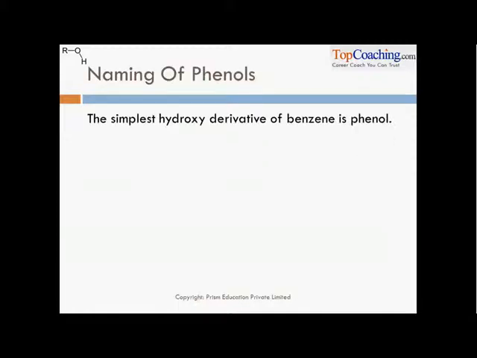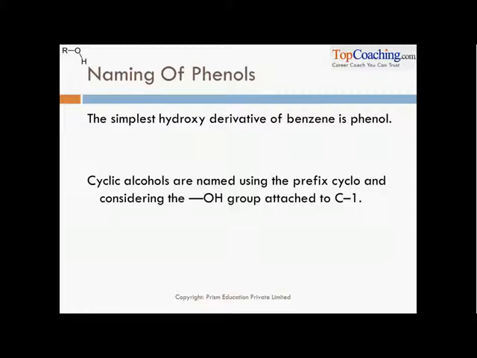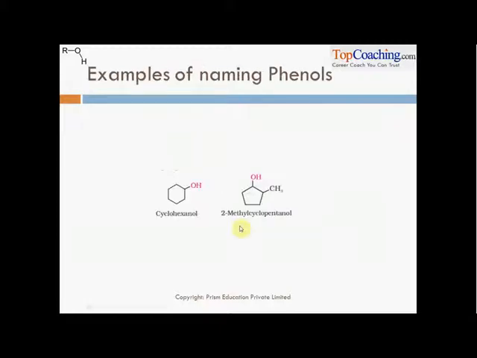Naming of phenols. We know that the simplest hydroxy derivative of benzene is phenol. So how do we name those cyclic alcohols? We use the prefix cyclo, like the aliphatic alcohols. For the phenols also, the numbering starts from the OH group itself, right?